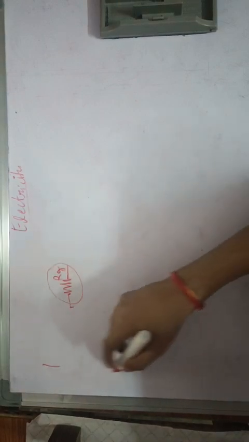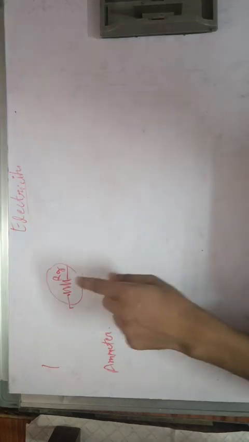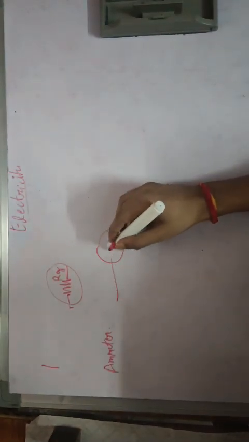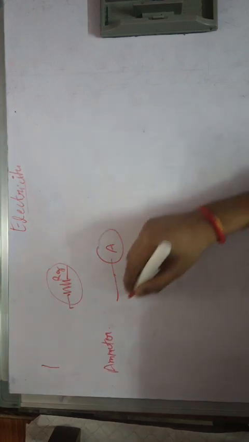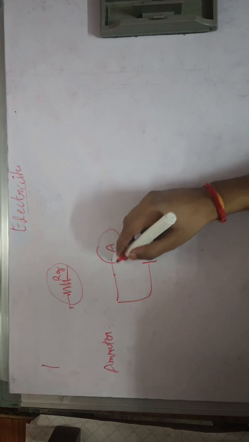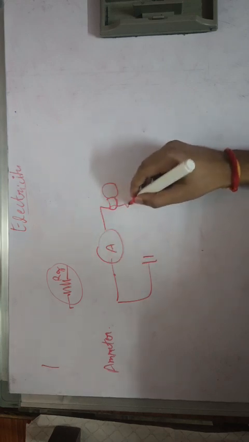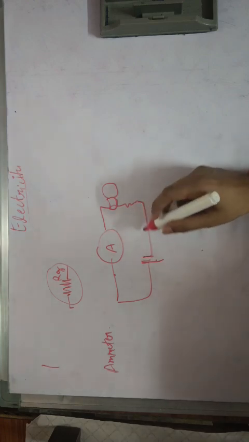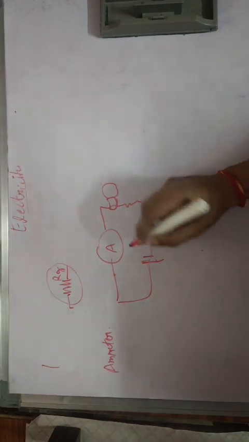Now if I want to make an ammeter, this galvanometer resistance is a little bit large. An ammeter is added in the circuit just in between. Let's say this is a circuit, there is a bulb here, a resistor here, and I connect it to the cell. The ammeter is connected in series in the circuit, so it can tell the actual amount of current passing through it.